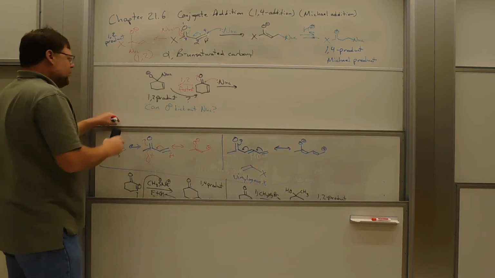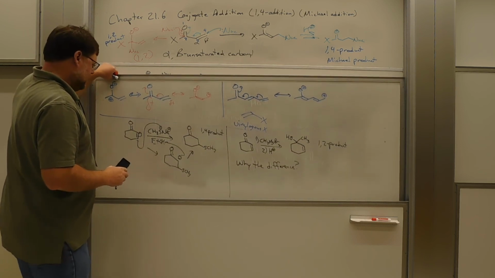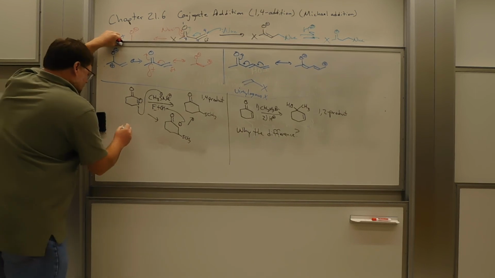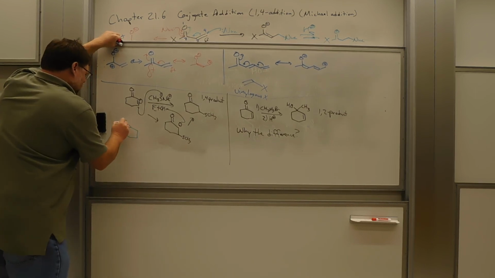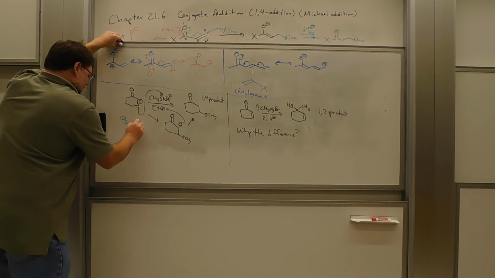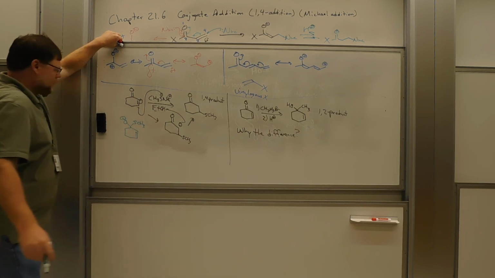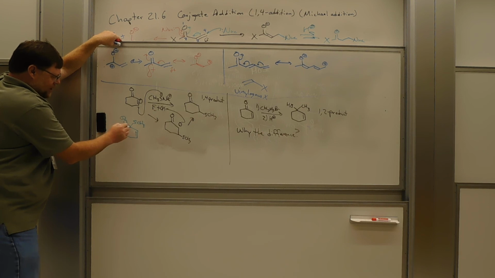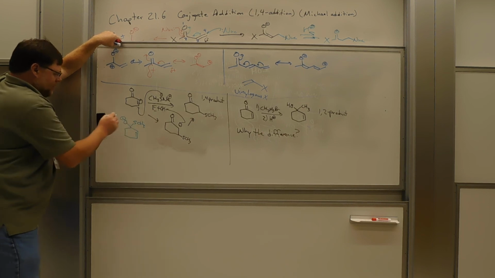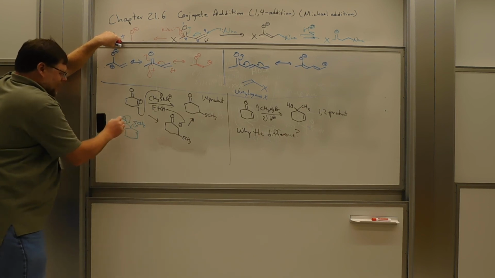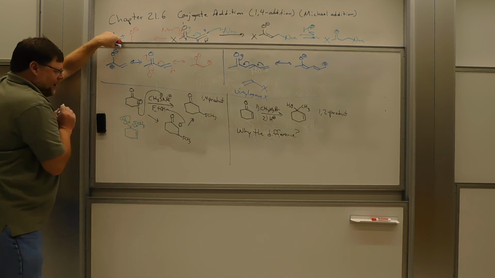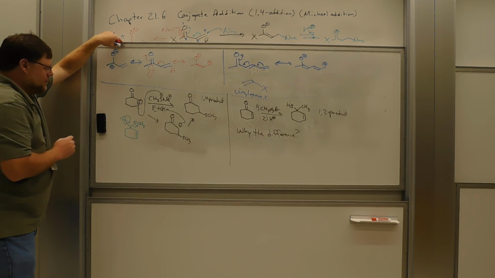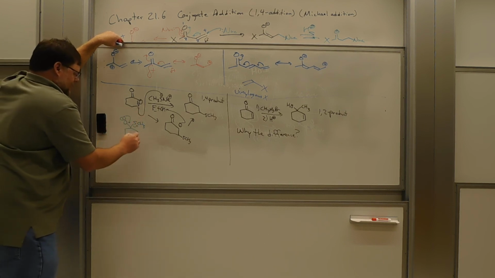Okay, so now if you look at these down here, think about what you get from the 1,2 product here. Right, so thiomethoxide adds in 1,2. You have O minus bonded to a carbon with that thioether. That's easy, right? O minus is a less stable base than S minus, so it just kicks it right back out. So the back reaction in this case is very fast.